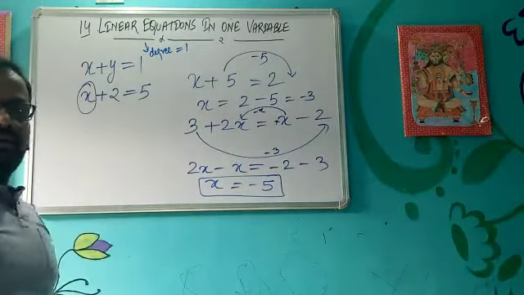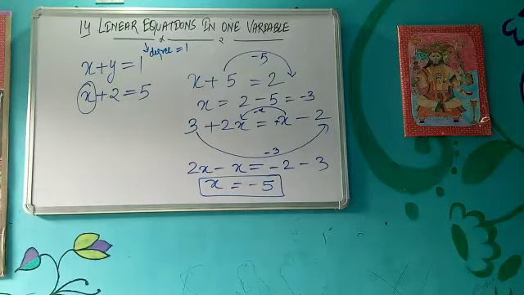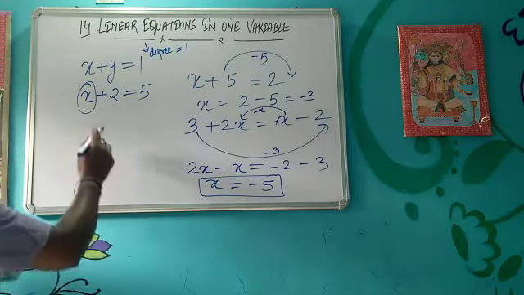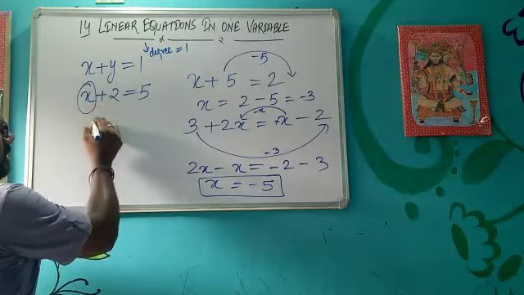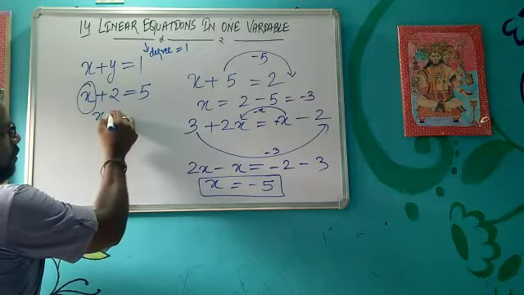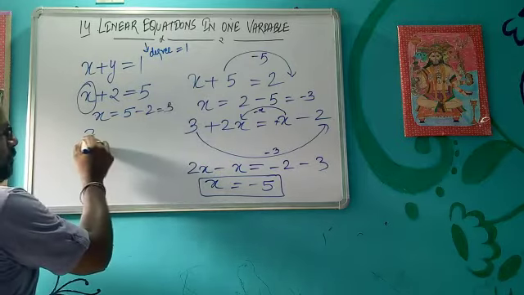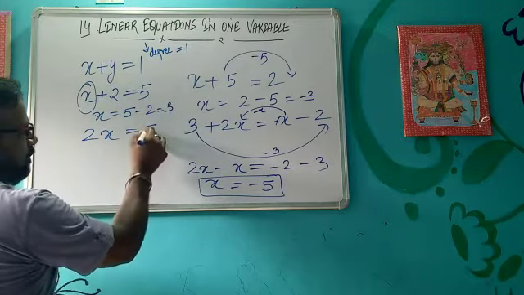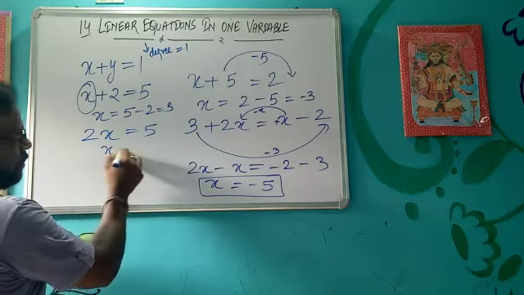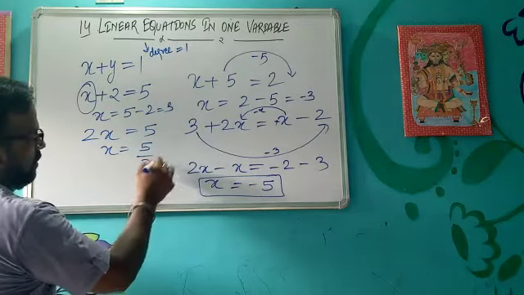Now, a few misconceptions that you have. In x plus 2 equal to 5, the solution will be 5 minus 2. And suppose it is 2x equal to 5. In that case, the solution will be 5 upon 2.